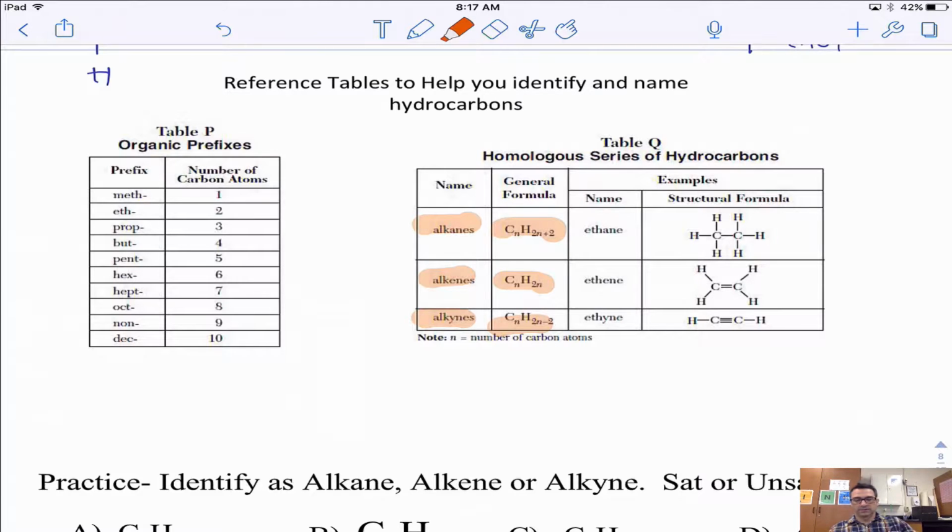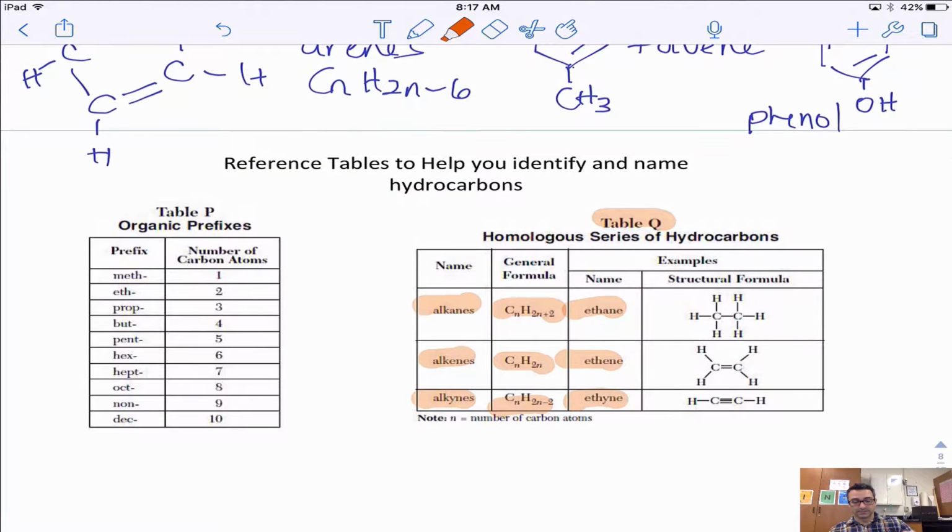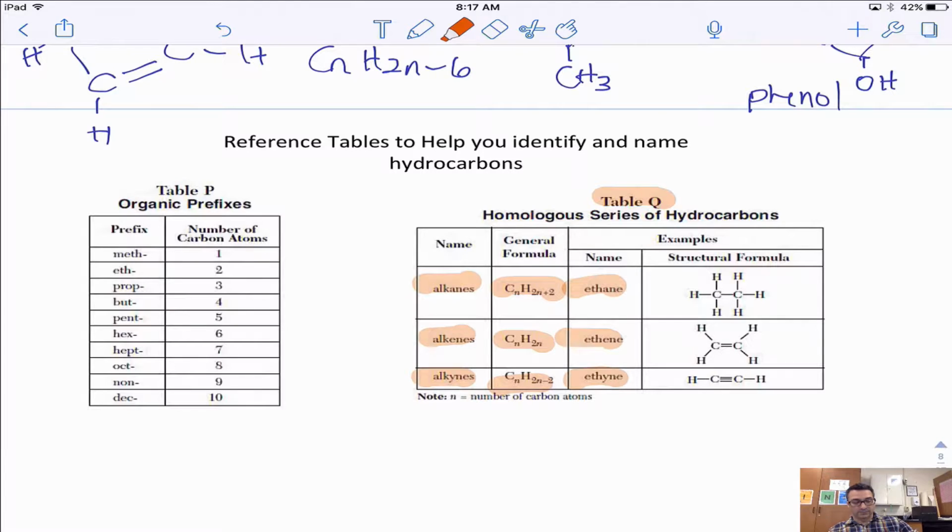This table in your reference table, table Q, gives you an example, one example, using 2 carbons. They also tell you how the prefixes go for each type of carbon chain. So for example, it has 2 carbons, and so you'll notice that if it's an alkane, it'll be ethane. If it's an alkene, it would be ethene, and if it was an alkyne, it would be ethyne.